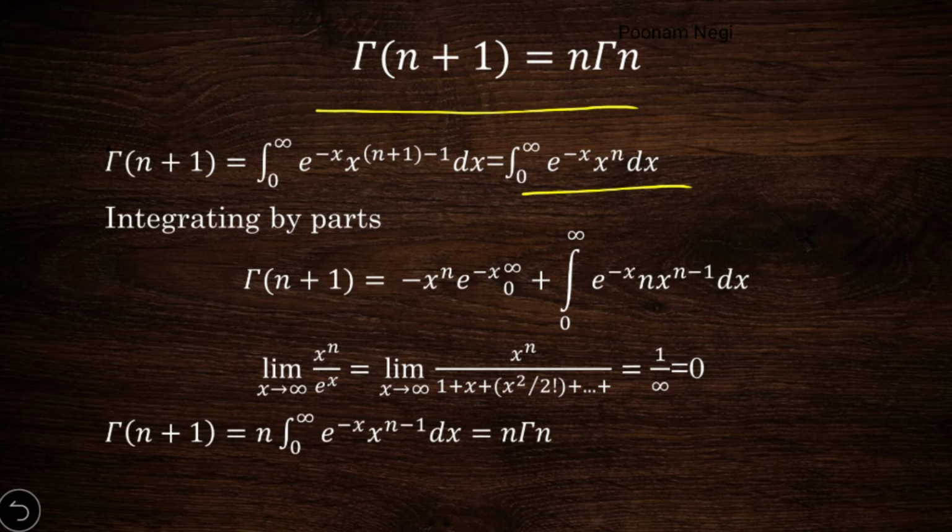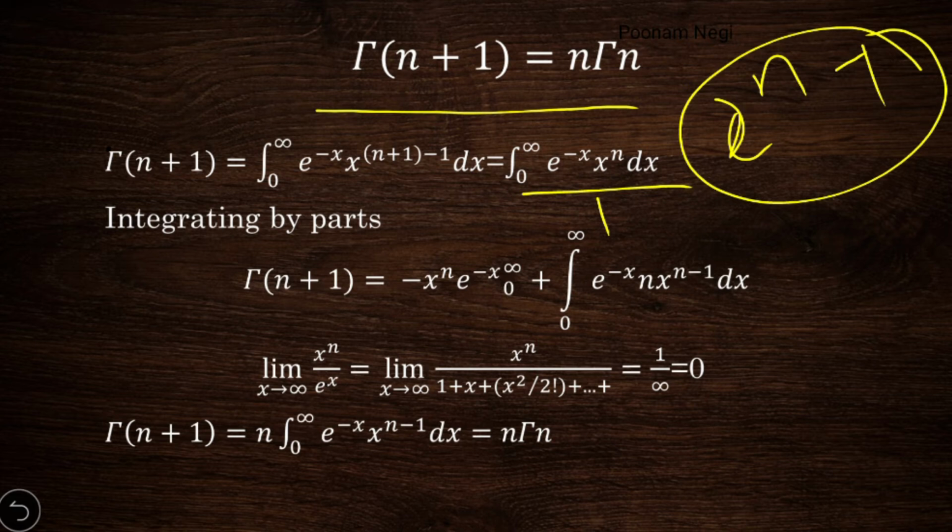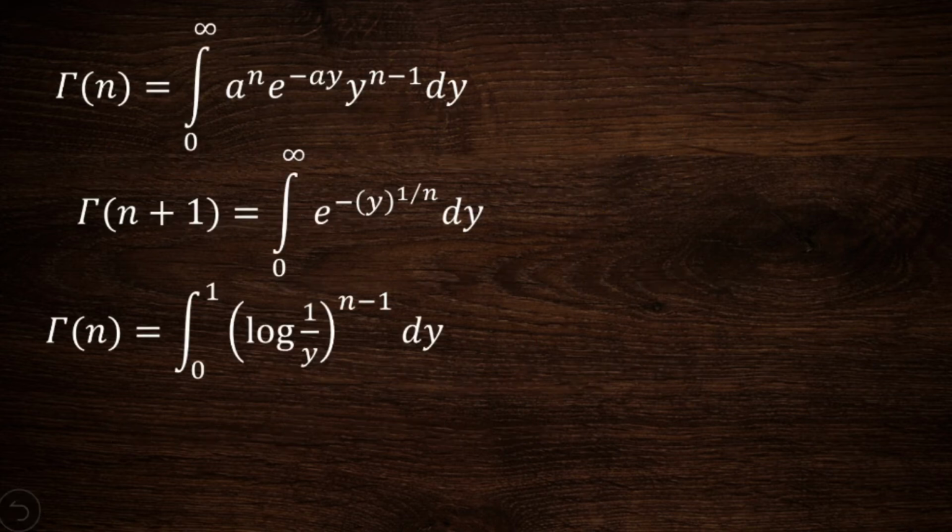Now integrate this with the help of integration by parts, taking x to the power n as the first function and e to the power minus x as the second, because we need x to the power n minus 1 in our given answer.